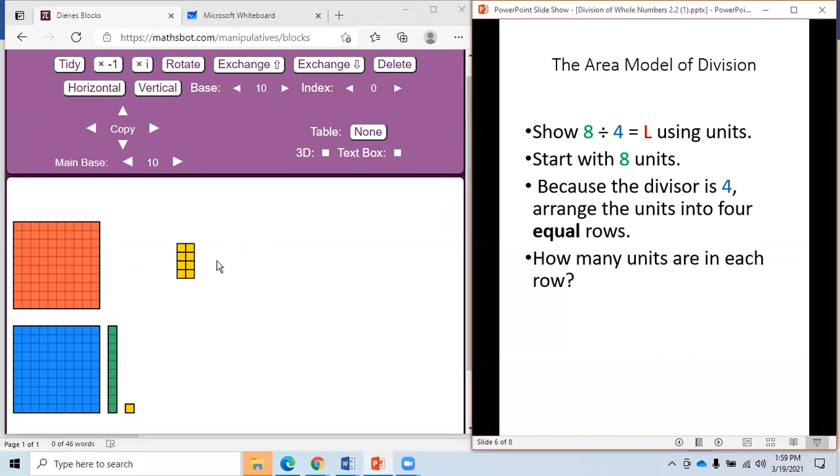How many units are in each row? Well, I could see I have 2 units in each row. So I could check this by multiplying. 4 times 2 is equal to 8.